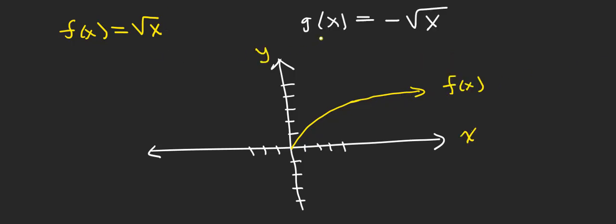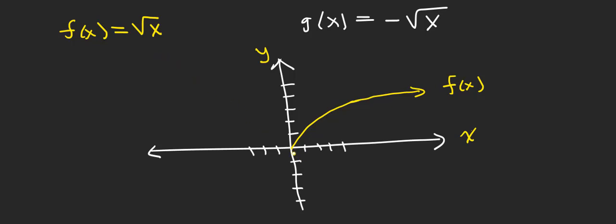What if you have g of x equals negative radical x? Well, this is going to be the opposite of f of x in terms of y values. So the x-axis will be the reflection line. And when you fold, let's say this is a paper, when you fold it along the x-axis, these two graphs have to overlap.